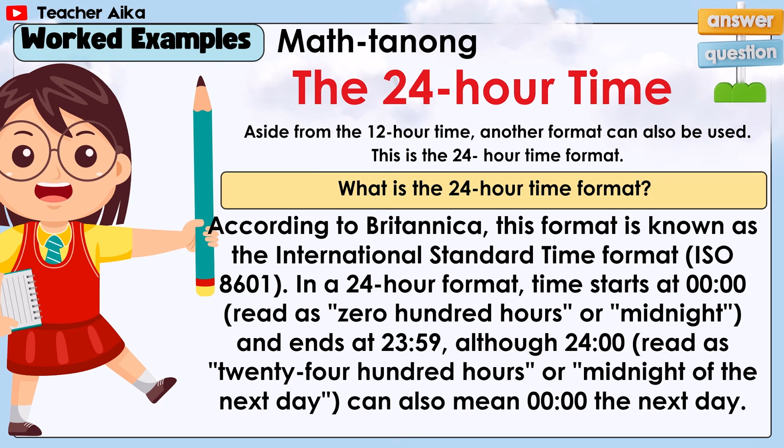In a 24-hour format, time starts at 0000 hours or midnight and ends at 23:59. Although 2400 hours or midnight of the next day can also mean 0000 hours the next day.